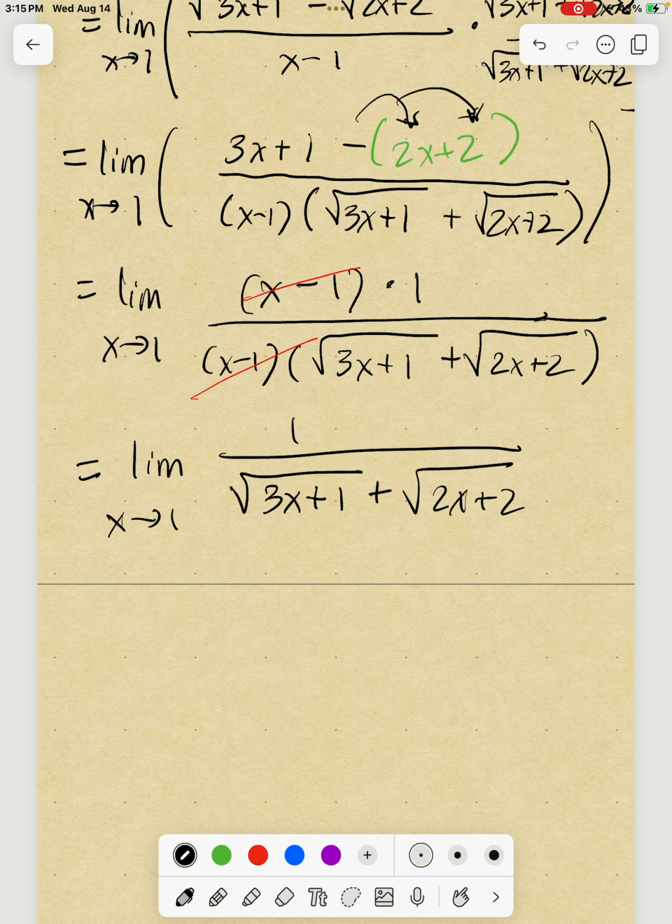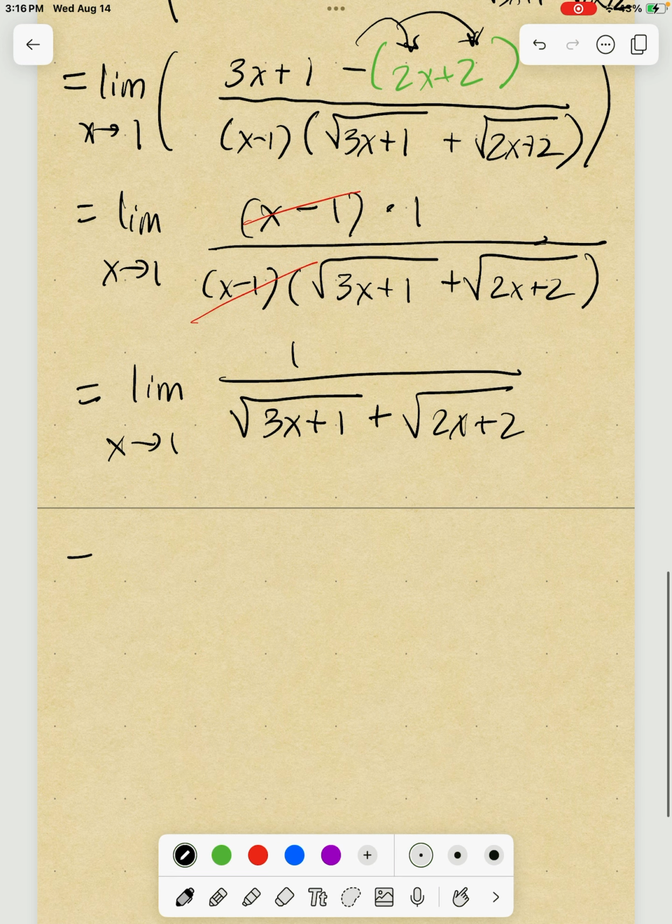But now that they've canceled, you can actually plug in and substitute. Because this is a continuous function, it's substituted. So we can evaluate the limit as 1 over the square root of 3 times, okay.